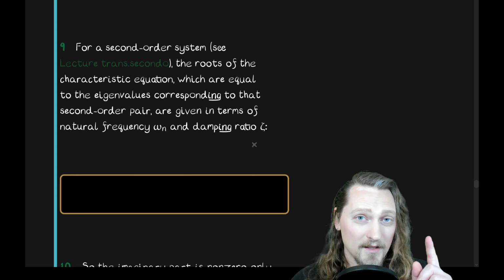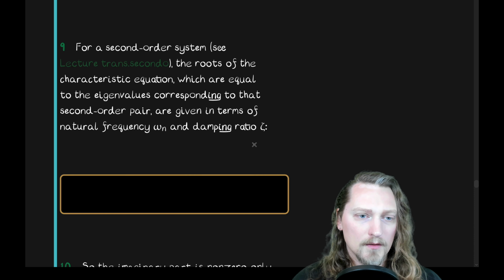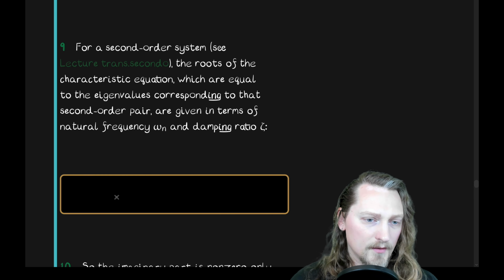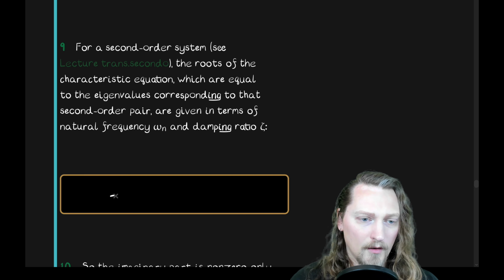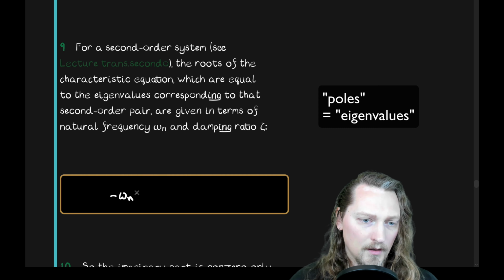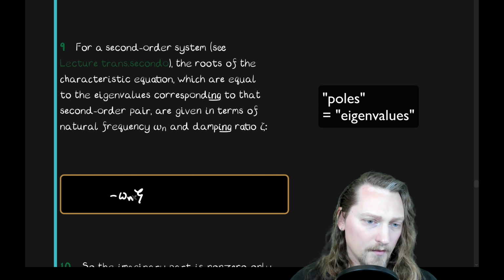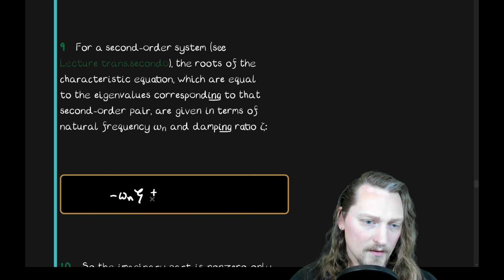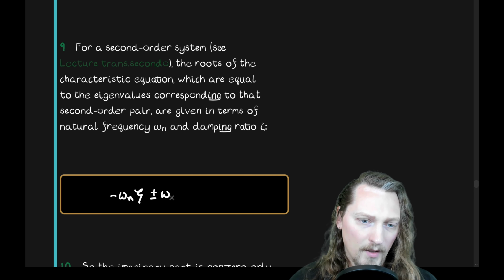But for now, let's see what happens with just one of them. So for each of the modes, we have this situation. The eigenvalues show up as a pair of poles defined in terms of omega n and zeta as negative omega n zeta plus or minus omega n square root.